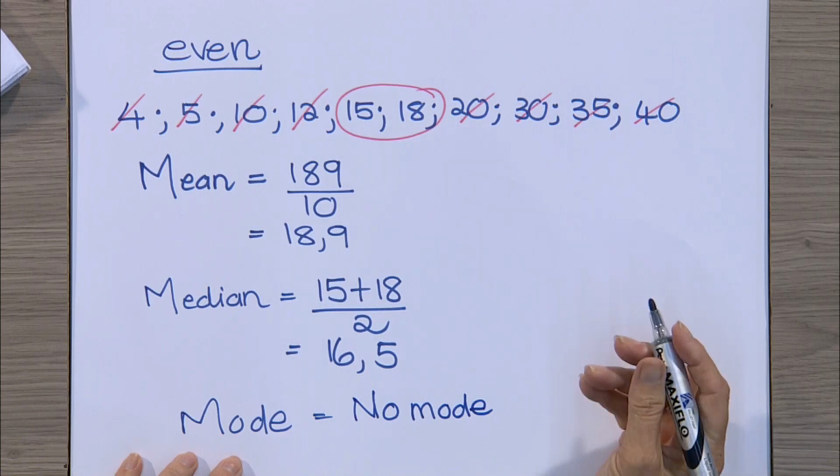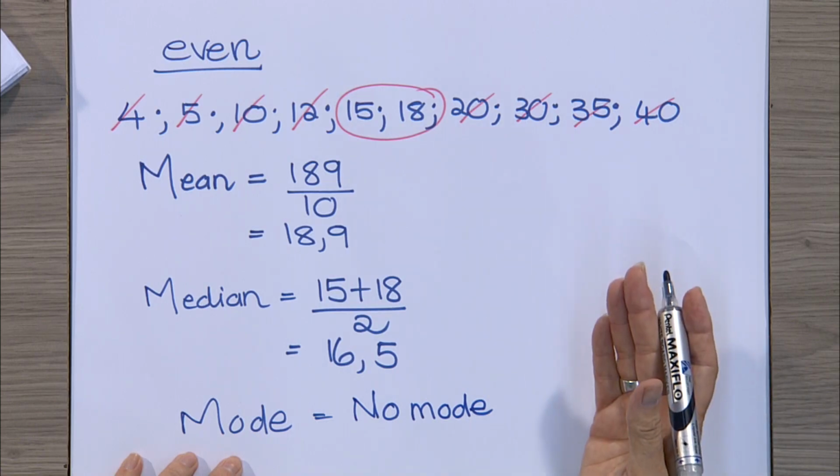Only 0 if 0 appears more than once, because be careful, 0 can be a number. So if there's no mode, the answer is then no mode. All right, so this is even and uneven data sets, how to work out mean, median, and mode. And remember, grade 12s, we call them measures of central tendency.